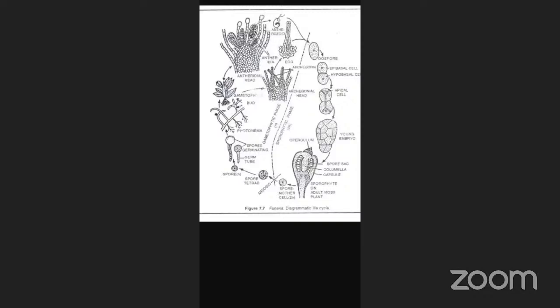In the bryophytes, there are two markable alternations of generations. Yesterday we discussed that one: the gametophytic phase and the sporophytic phase. Two stages are there in the life cycle of the bryophytes. A series of the sporophytic generation is in these bryophytes. There are different structures, sterile structures and fertile structures.